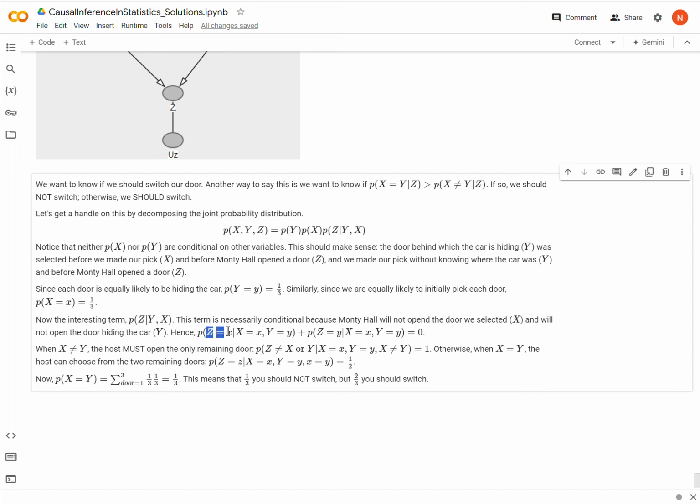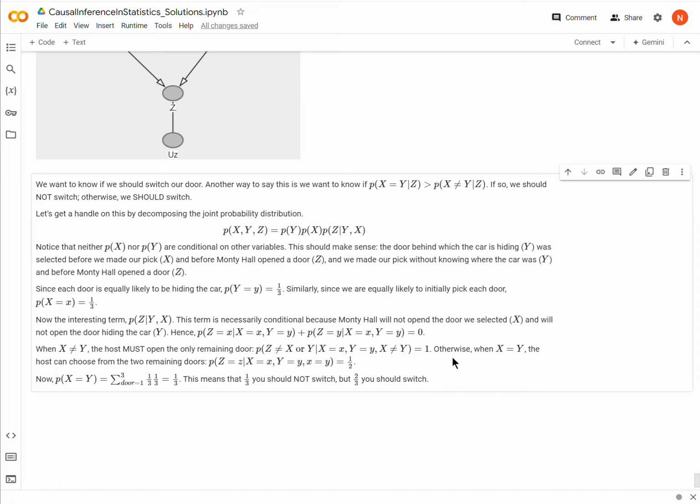Notice then that the probability of z given x and y means that z cannot equal x and cannot equal y. In other words, if I combine the probability that z equals x and z equals y, it's 0, because Monty Hall will not open doors x or y. So when x does not equal y, when x and y are 2 different doors, Monty Hall only has 1 door to open.